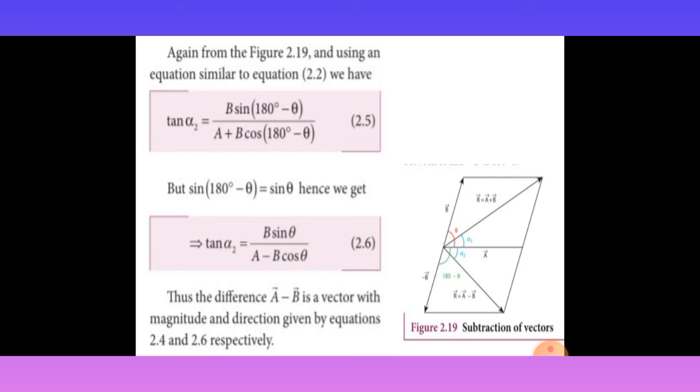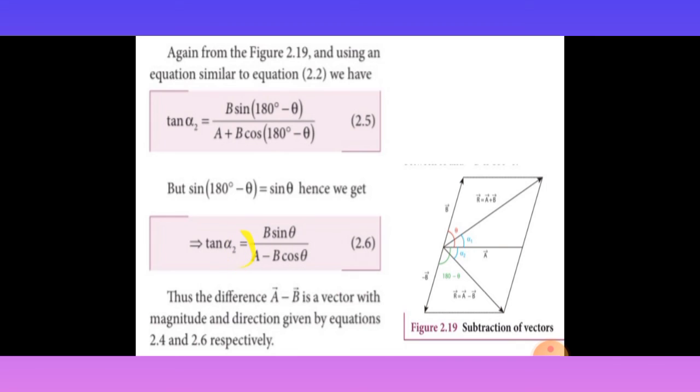But we know that sin 180 degree minus theta is equal to sin theta. In the next step we can write tan alpha 2 is equal to b sin theta divided by a minus b cos theta. Here the cos 180 degree minus theta is minus cos theta, substituted in this equation it becomes a minus b cos theta. So tan alpha 2 is equal to b sin theta divided by a minus b cos theta.